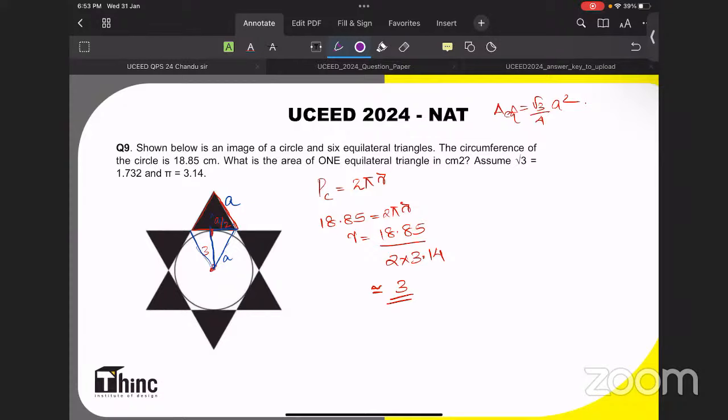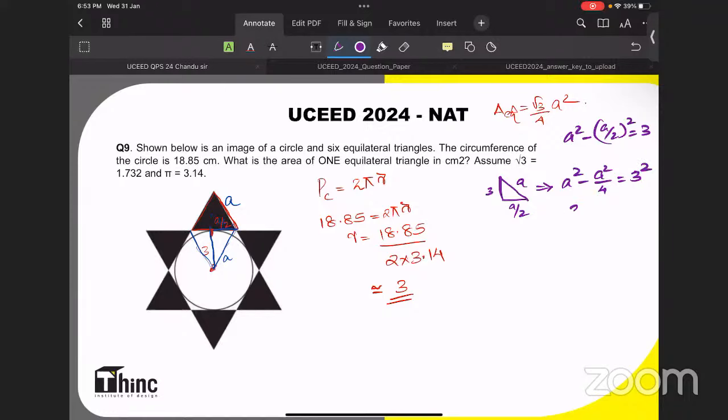According to Pythagoras theorem, from this figure, let me take that triangle. This is A, this is 3, this is A by 2. So according to Pythagoras theorem, A square minus A square by 4, that is A square minus (A by 2) whole square, equals 3 square.